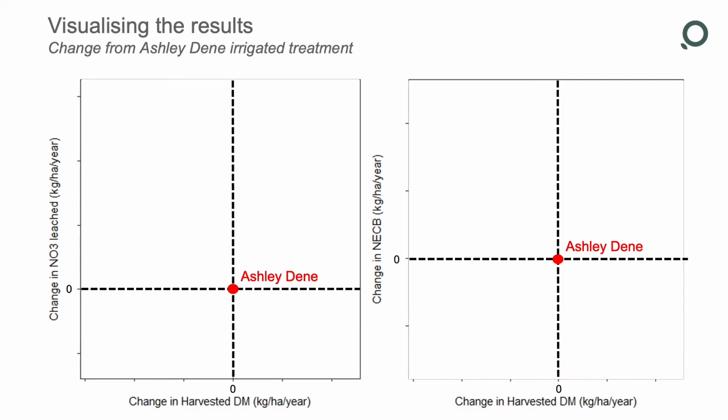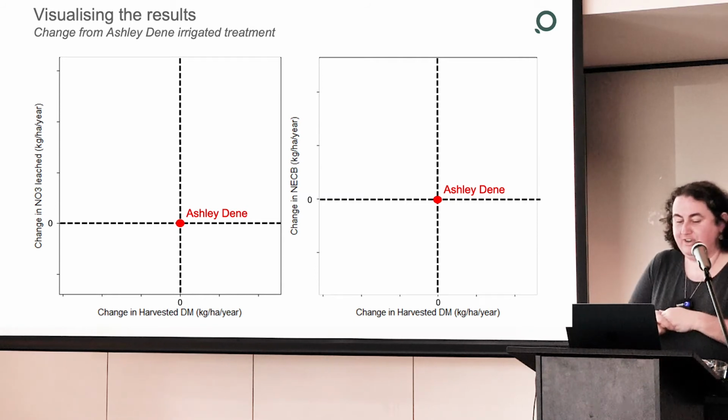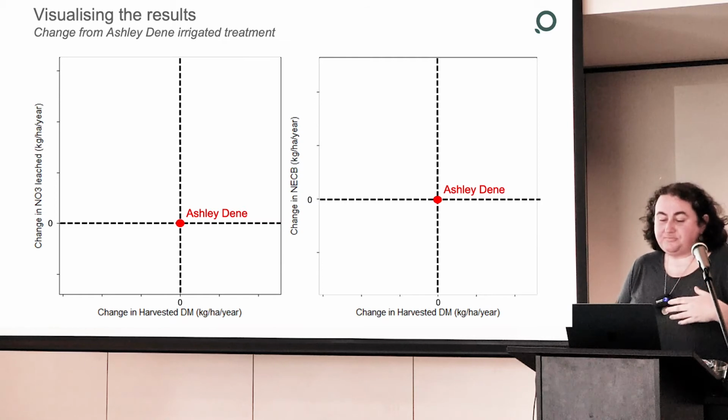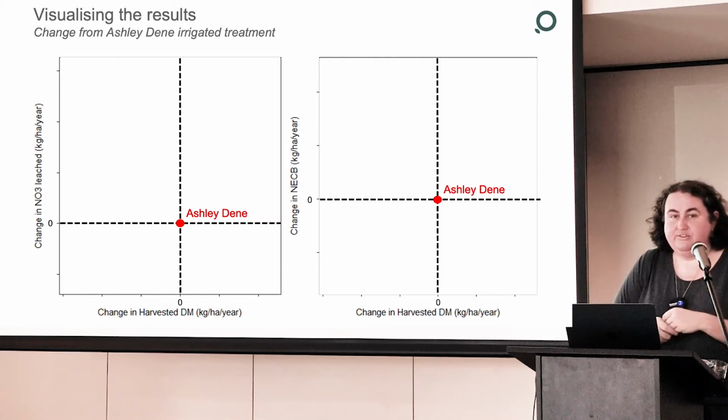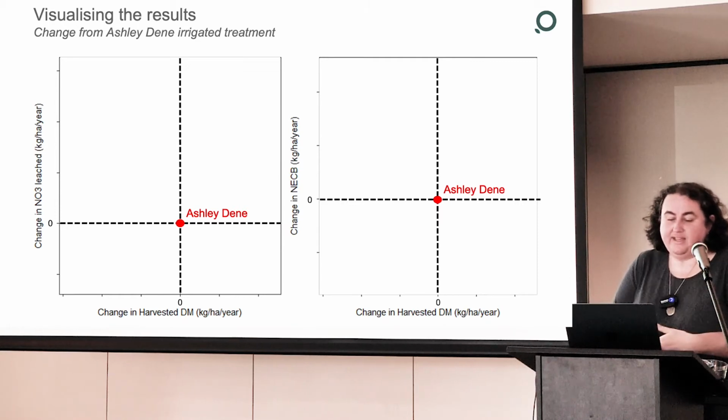So to visualize the results, and I'm going to go through this because I find that sometimes these are not entirely intuitive, but once you get the hang of what they're trying to show, then they can be a useful tool. And again, I wanted to acknowledge Miko and colleagues' work there.